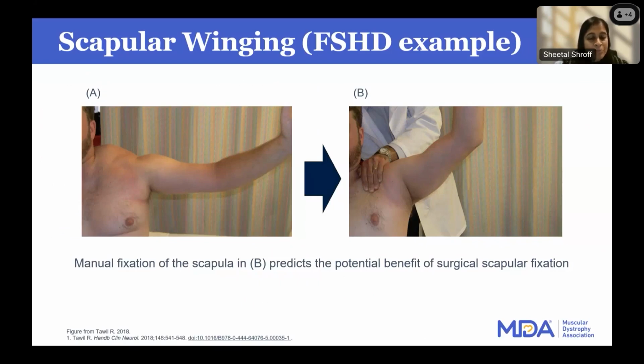And in figure B, you can see that by manually positioning the scapula, their range of motion increases. This tells us whether this patient would benefit from a surgical intervention which can help fix the scapula so that their range of motion can be improved. Next slide, please.